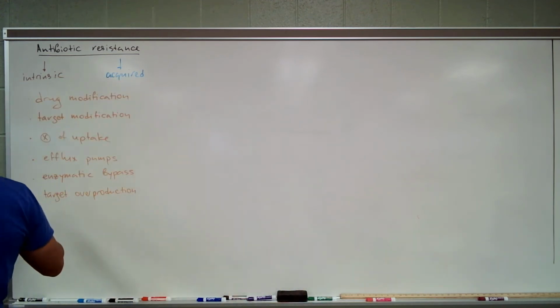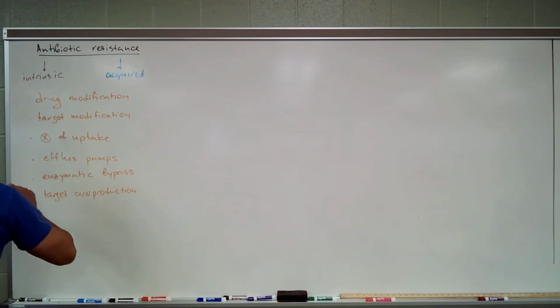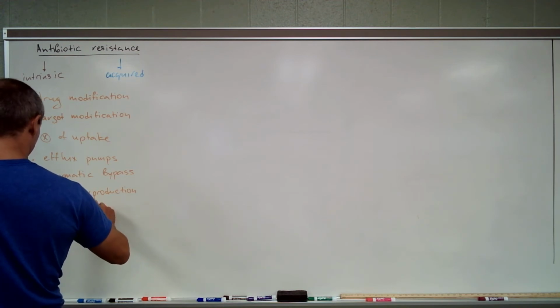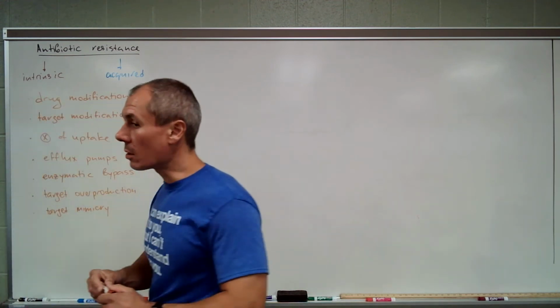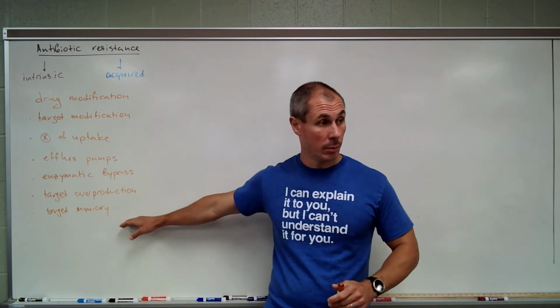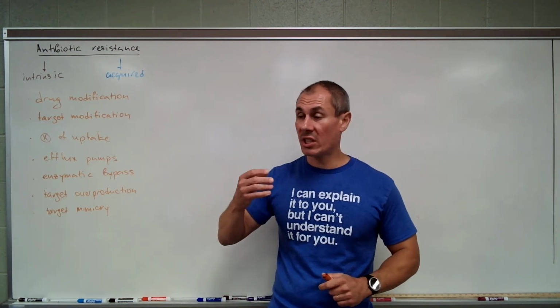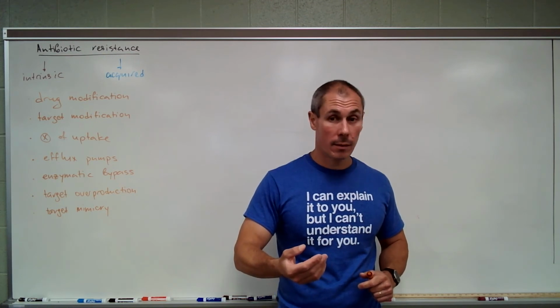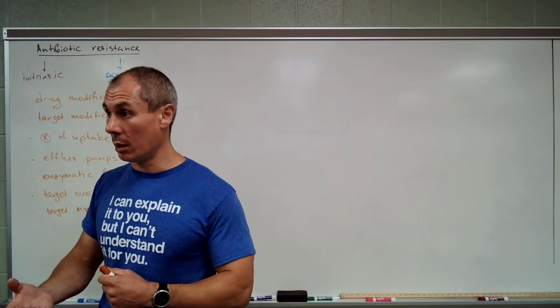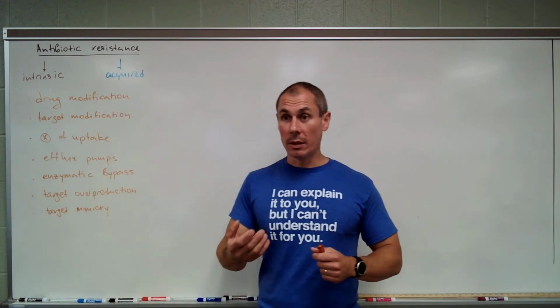One of my favorite ones, it's called target mimicry. So this is a really fancy way. The bacterial cell produces a decoy molecule that would bind the drug instead of a target.